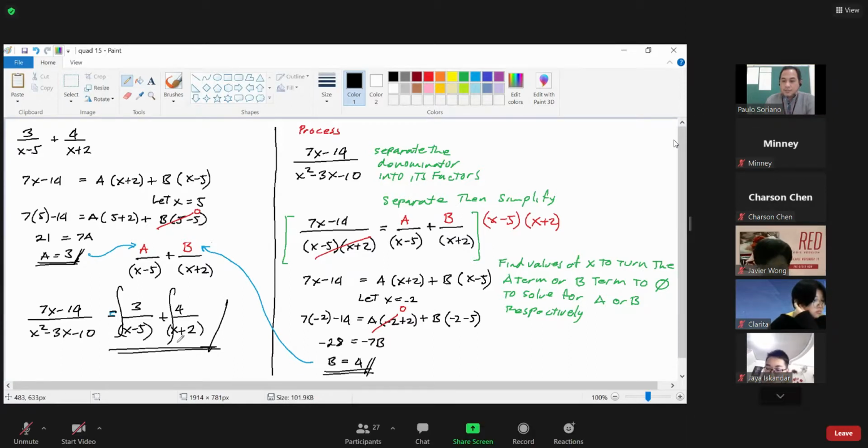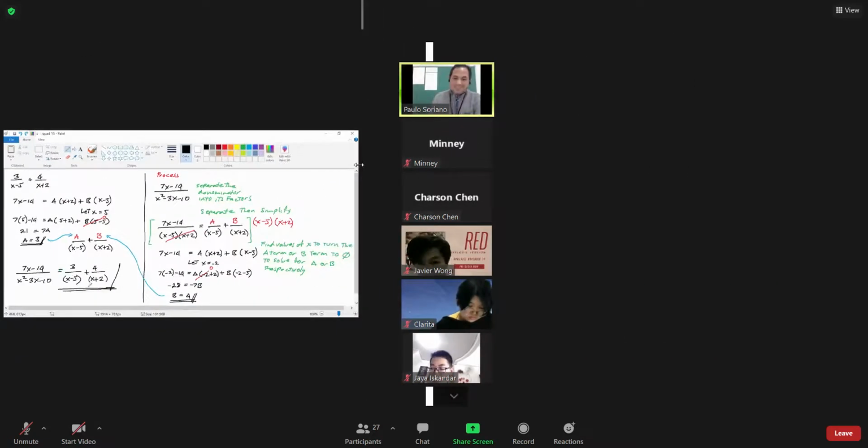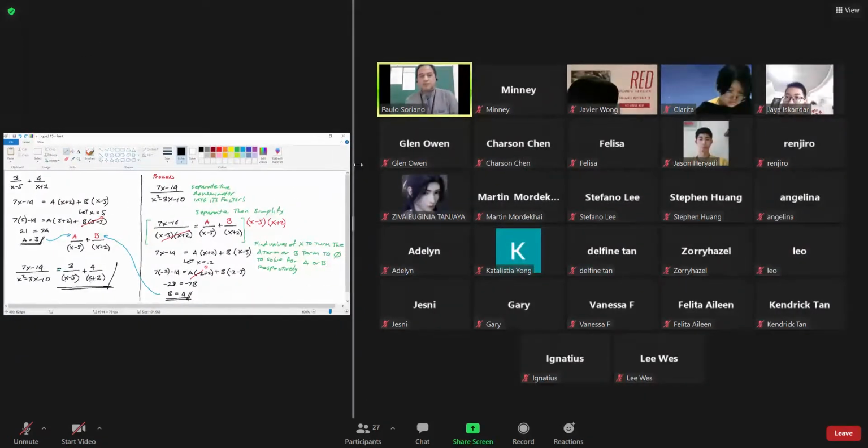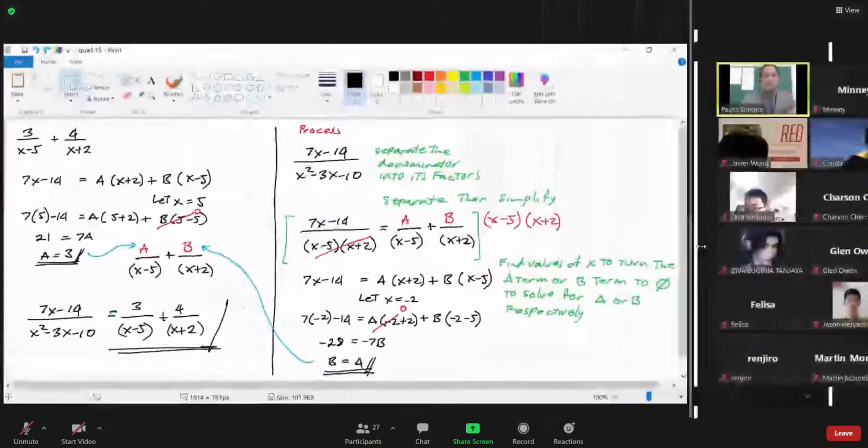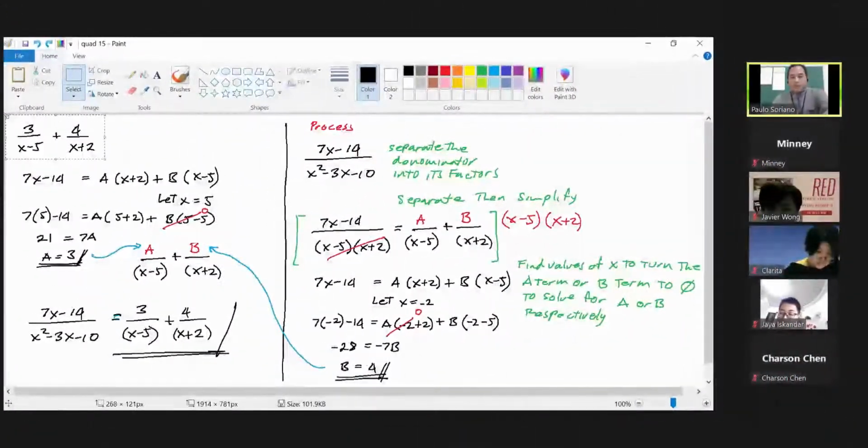Okay. More examples on integration, the application in integration of partial fractions, next meeting. But for today, I want you to work on the original problem that I showed you at the start of this class. Can you try breaking this into simple fractions using partial fraction?